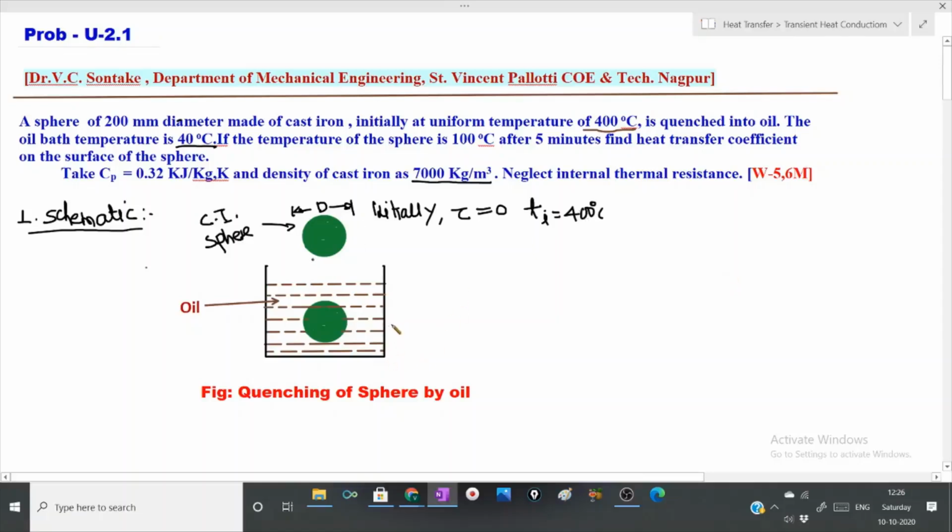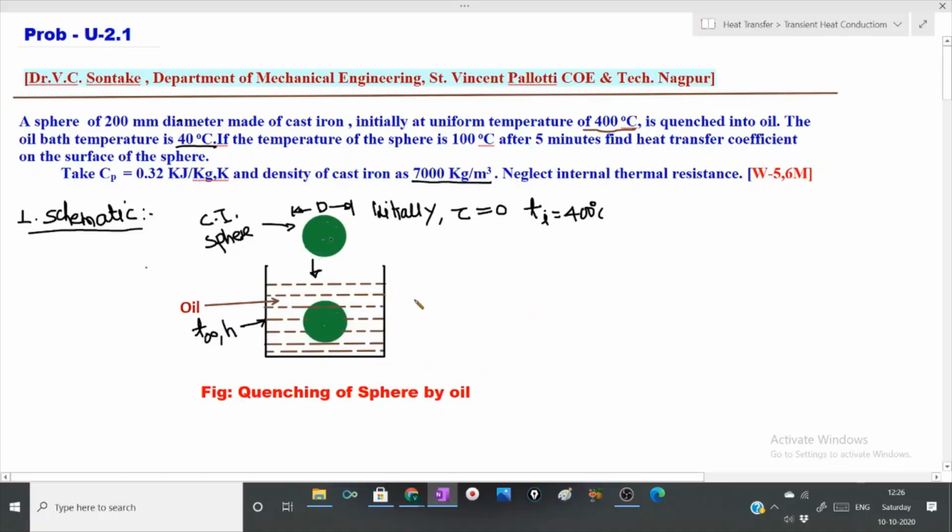Now later on, this sphere was dipped to quench into the oil bath. Let's say the temperature of this oil bath is T infinity and convective heat transfer coefficient is h.